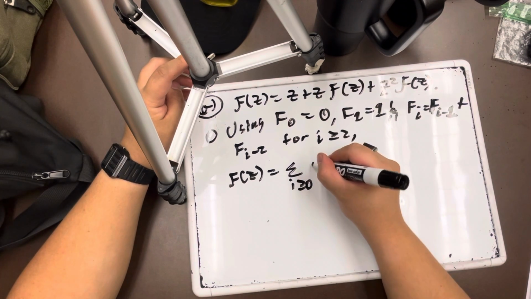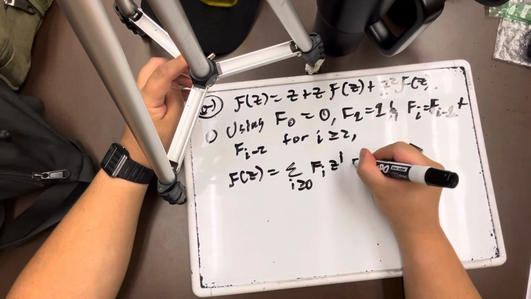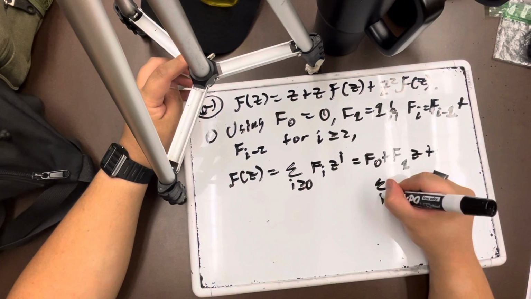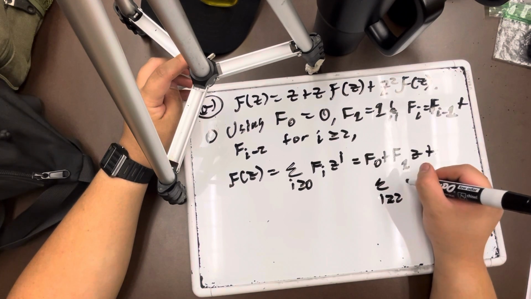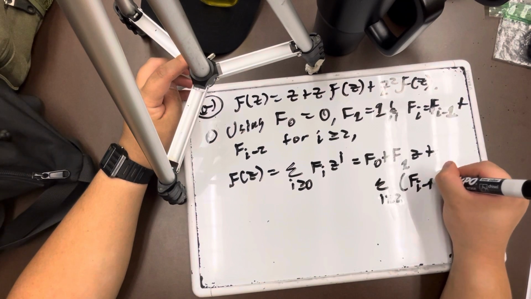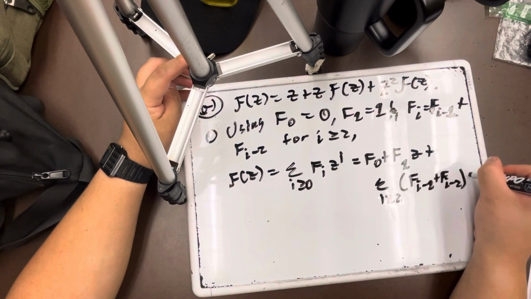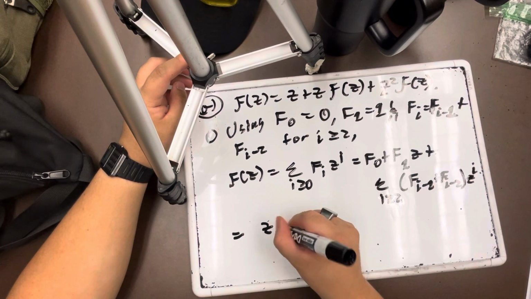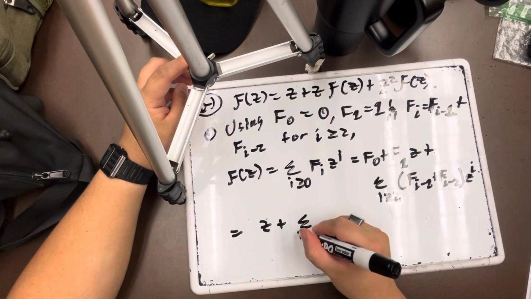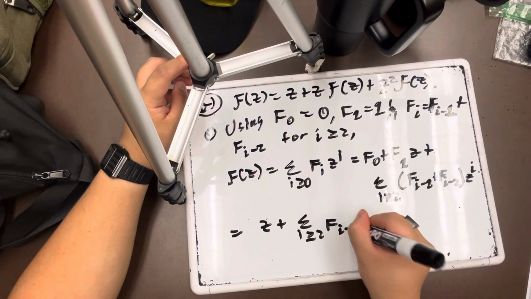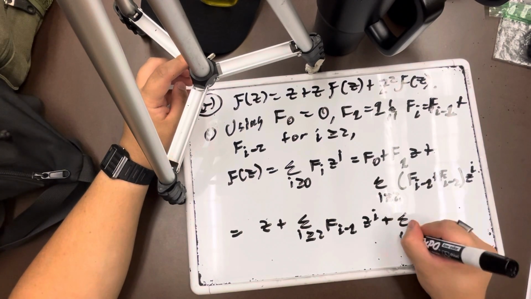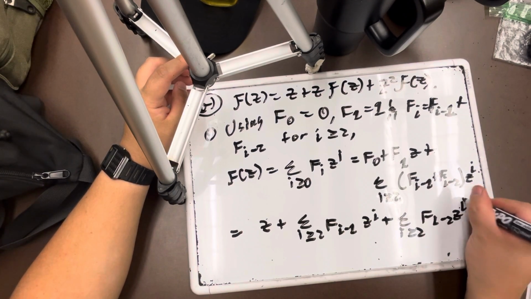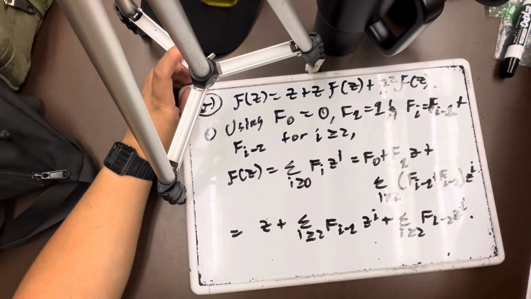The summation over i greater than or equal to 0 of f sub i times z to the power i, which is equal to f sub 0 plus f sub 1 times z plus the summation i greater than or equal to 2 of open parentheses f sub i minus 1 plus f sub i minus 2 close parentheses times z to the power i, which is equal to z plus the summation over i greater than or equal to 2 of f sub i minus 1 times z to the i plus the summation i greater than or equal to 2 of f sub i minus 2 times z to the i. Now let's reorganize the shifts.